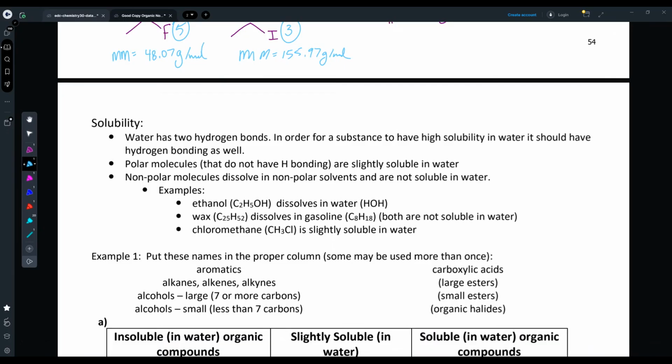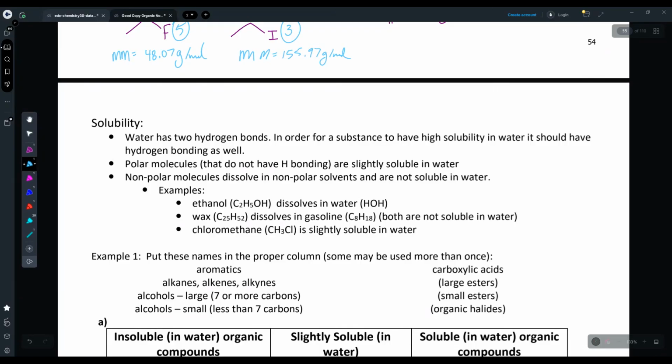Nonpolar dissolves nonpolar. Okay? But within those rules, if you have a polar molecule that you're trying to dissolve in water, which can do hydrogen bonding, but the polar molecule can't do hydrogen bonding, that will decrease its solubility in water.